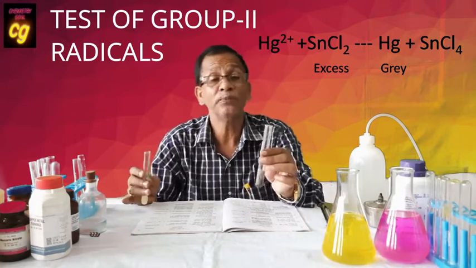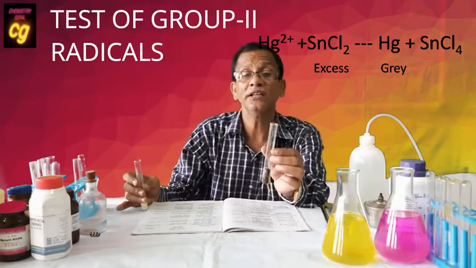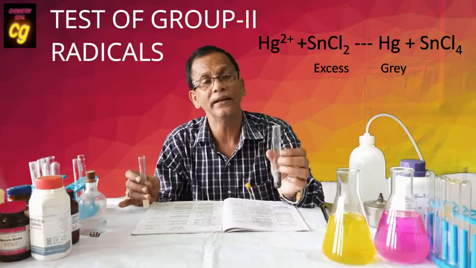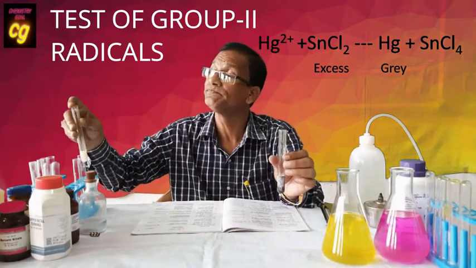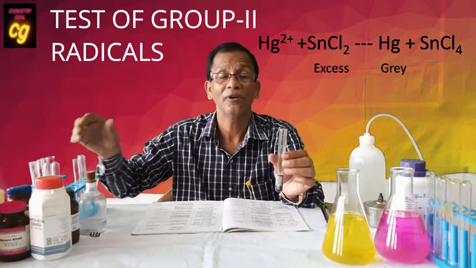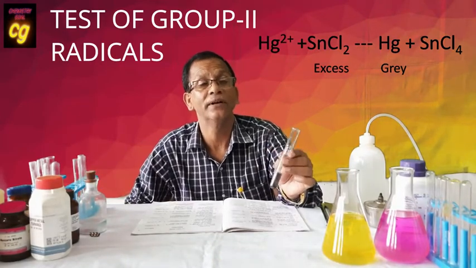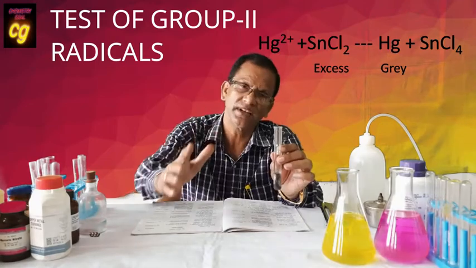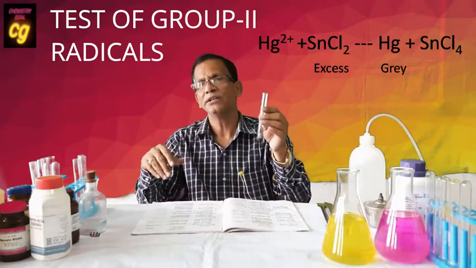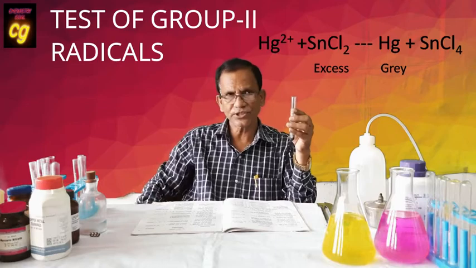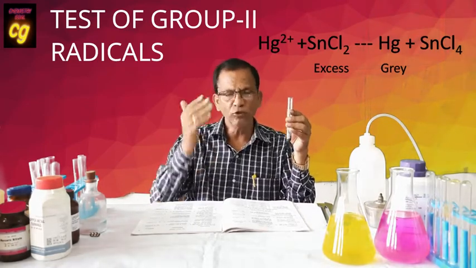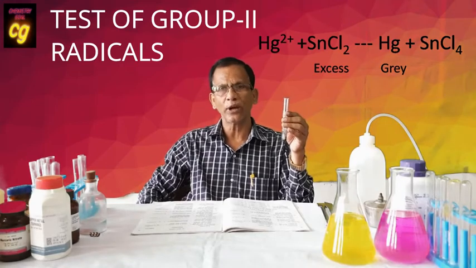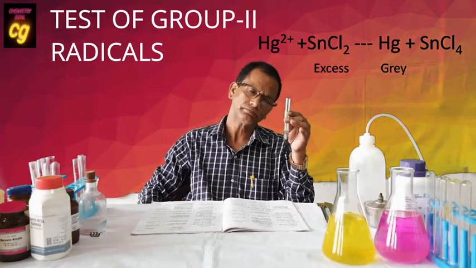This white precipitate will again be converted to what? A gray mass. This is because SnCl2, stannous chloride, reduces mercuric chloride to mercurous chloride.